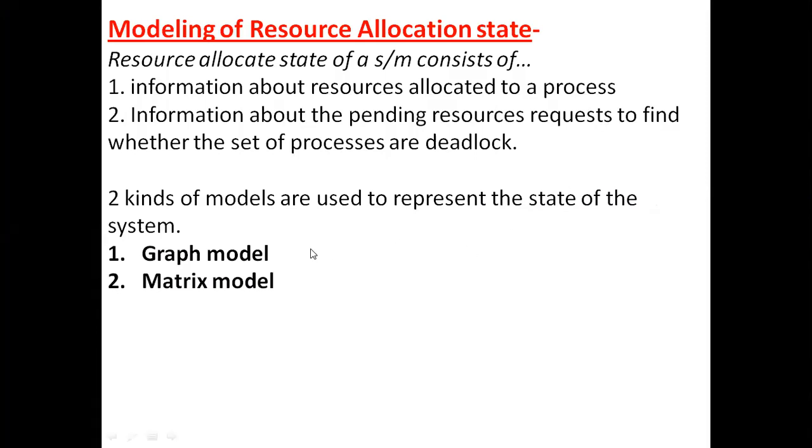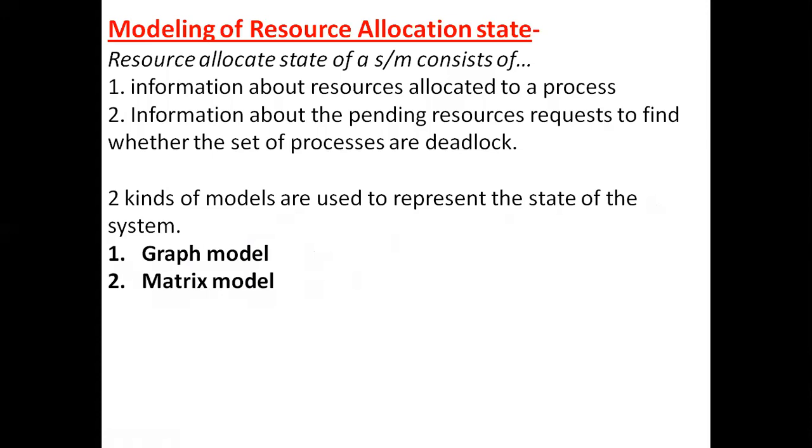So we have two kinds of models: one is the graph model, the second one is the matrix model. In the last class we had seen RRAG. RRAG stands for resource request and allocation graph, where we had the edges and the nodes. The nodes representing processes are drawn as circles, and the resources are represented using rectangles.